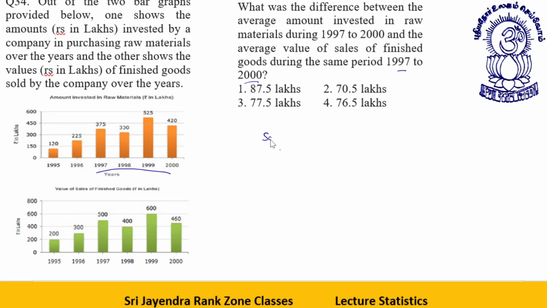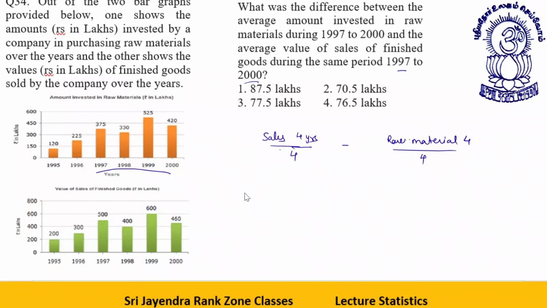That is sales for 4 years divided by 4 minus, or better way, what we see, this is actually required sales for 4 years minus raw material for 4 years divided by 4, like this.